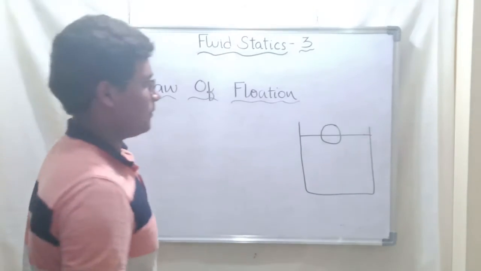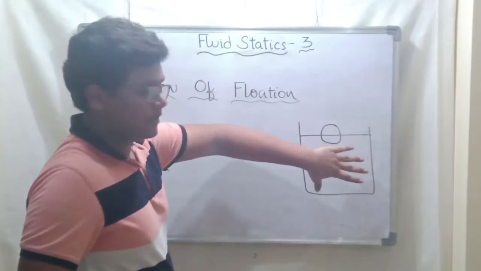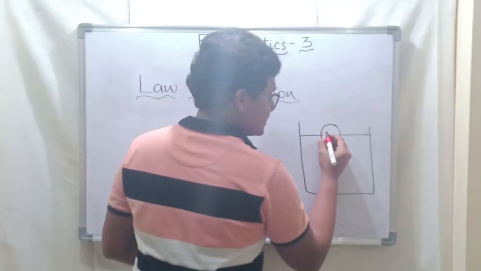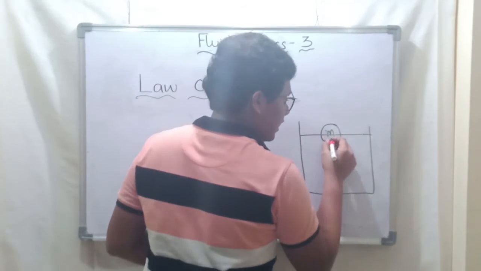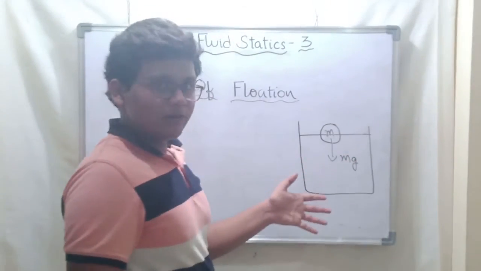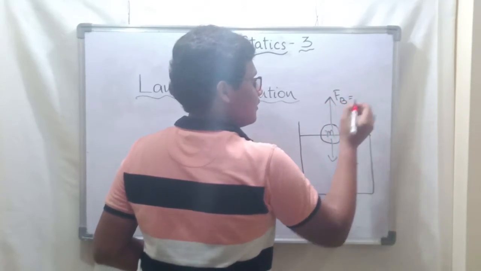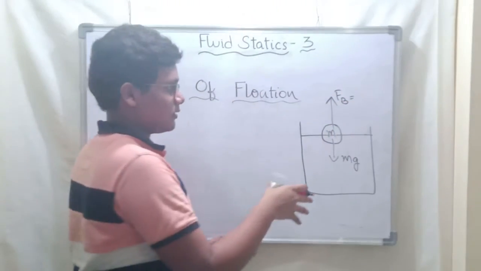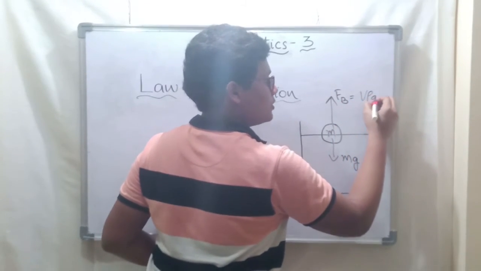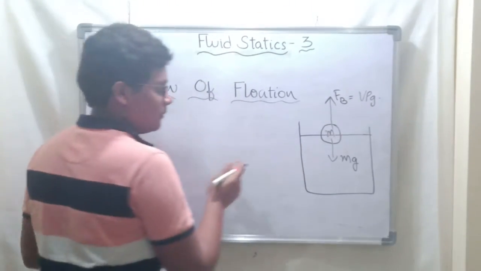Now, the law of flotation. If we take a liquid in a container, a vessel, and a stone of mass m is dipped in it, mg is acting downwards. It will be at equilibrium. How? It is partially submerged in water. The force of buoyancy is V rho g, volume into rho into g, which we got already.